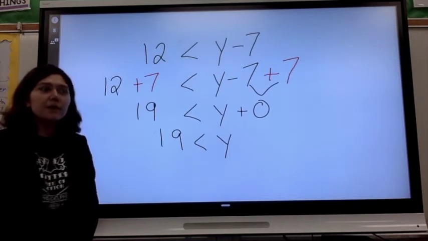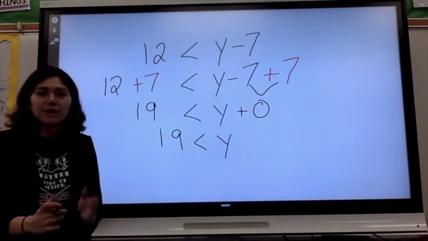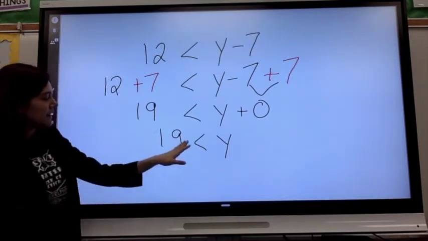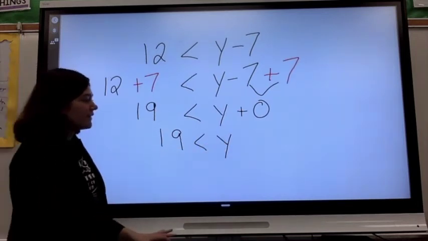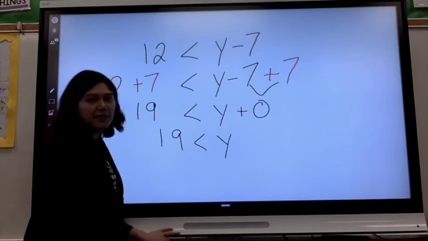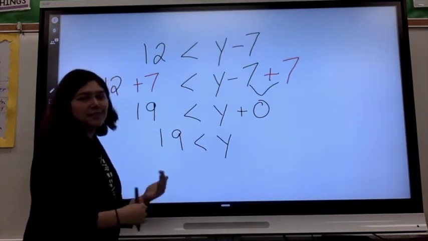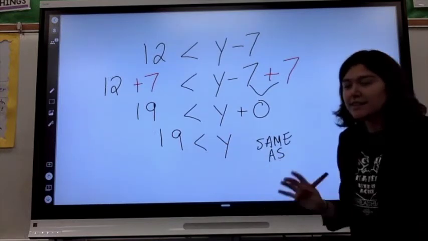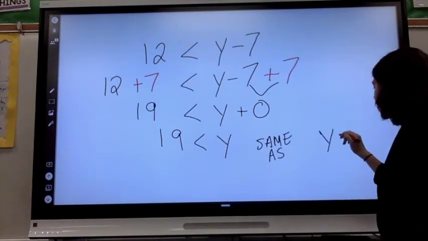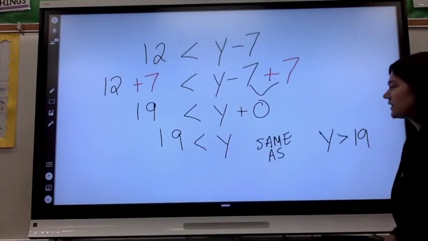That's a little bit of a confusing way to think about it. What I would do is find the variable and read it in that direction. So let's switch this around. 19 is less than y is the same as y is greater than 19.